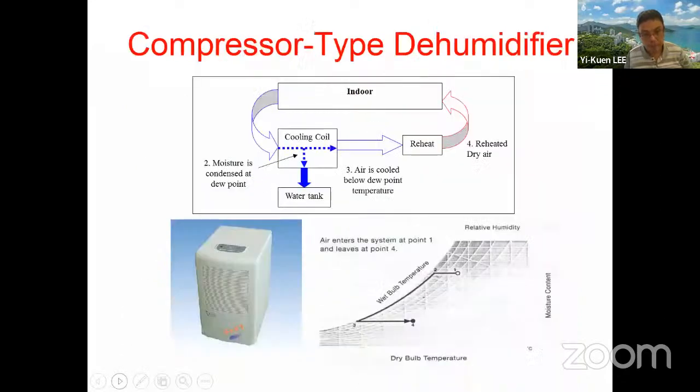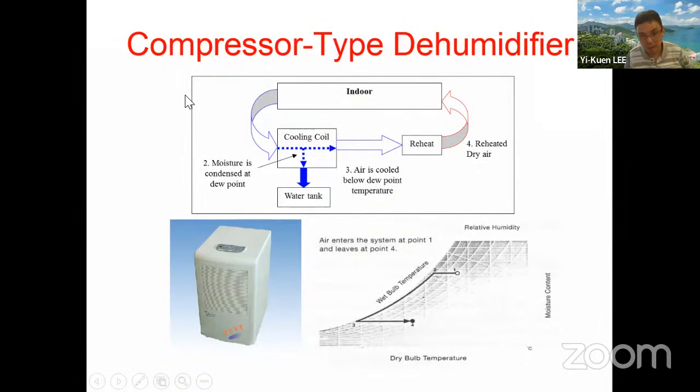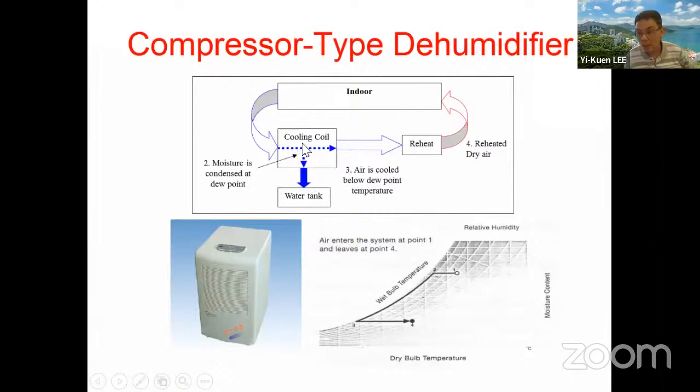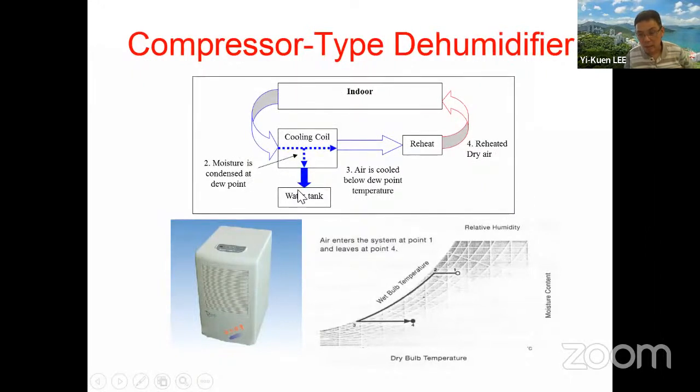First is the compressor type of dehumidifier. It goes through a thermodynamic process, using a compressor and a cooling coil, so that humid air goes through condensation and the water vapor in the air turns into liquid water, which is collected.